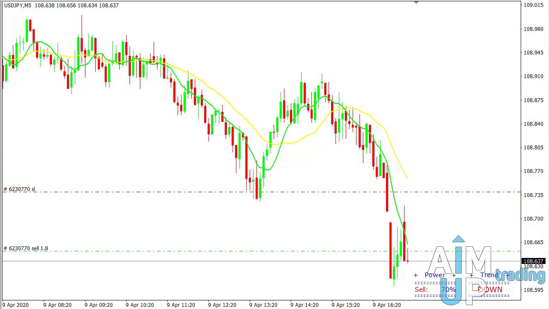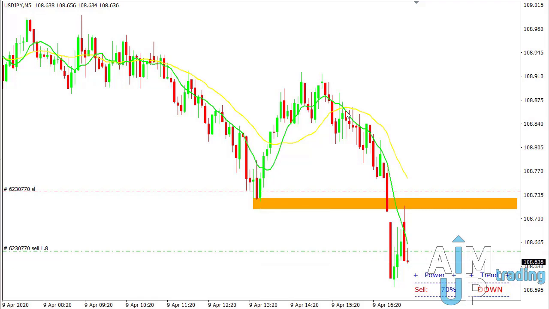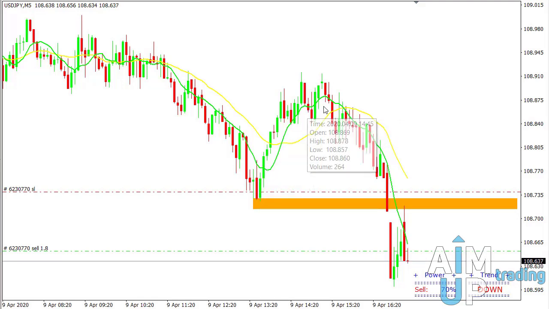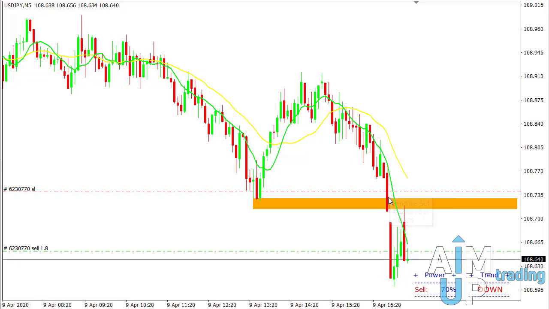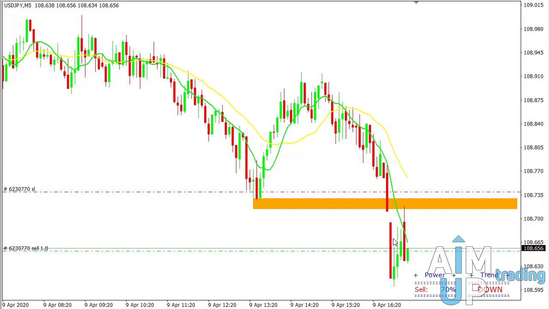I'm going to just draw this on our chart, so it's easy for you to see. We have the cross of the moving averages, we have the breakout of this previous low, then we have a retest, and we have the power of our indicator at 70%. We have the downtrend of our indicator as well.